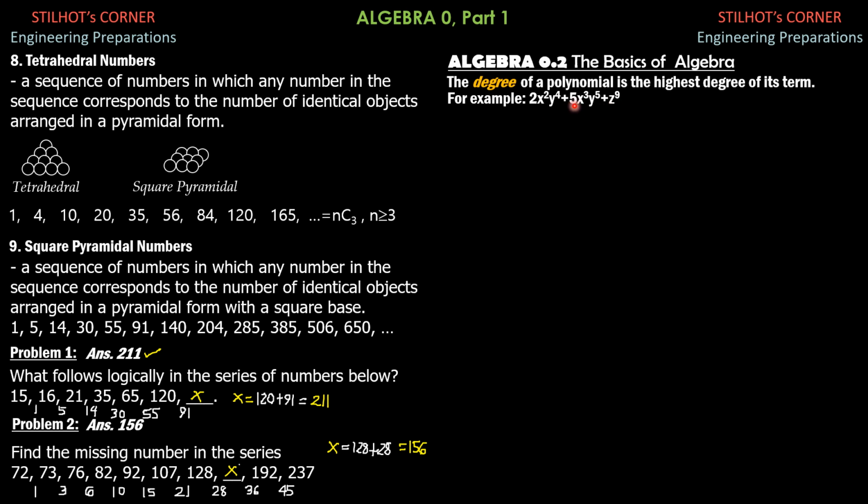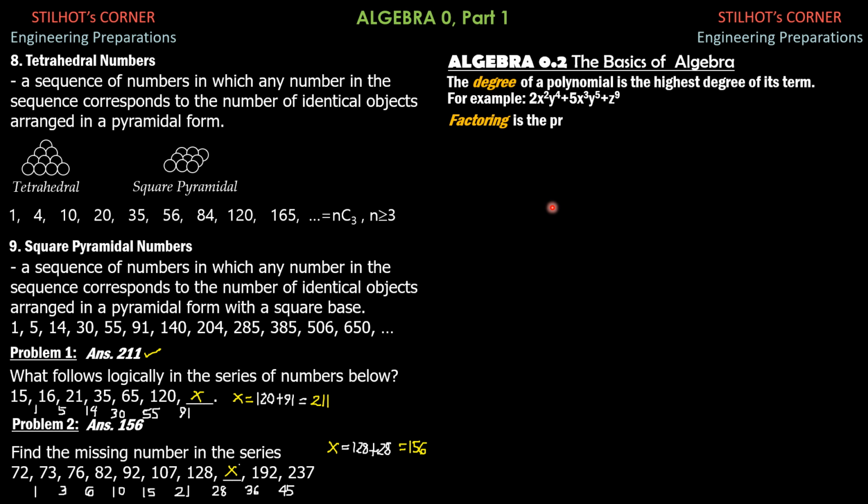This is a trinomial, and for the first term the degree is 6, 2 plus 4 is 6. For the second term the degree is 8, and for the third term the degree is 9. Because the highest degree of each term of this trinomial is 9, the degree of this trinomial is 9. So the answer is 9 for that case.